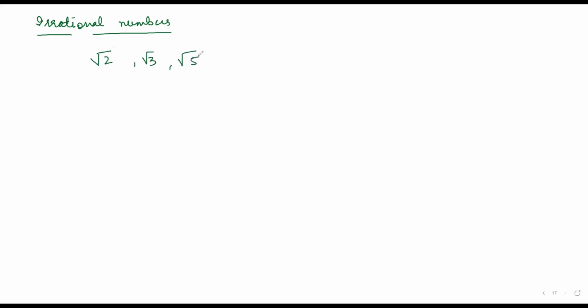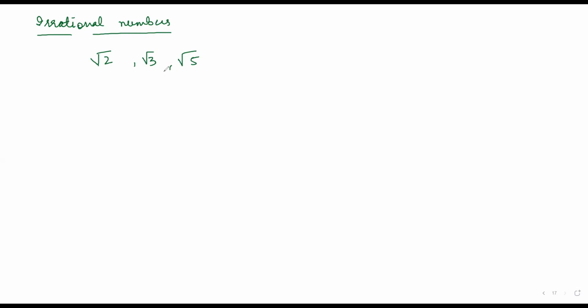These are called irrational numbers. So whenever you have an under root, it will become an irrational number. We will come to irrational numbers later and see how we deal with them. For the time being, this much introduction is fine.